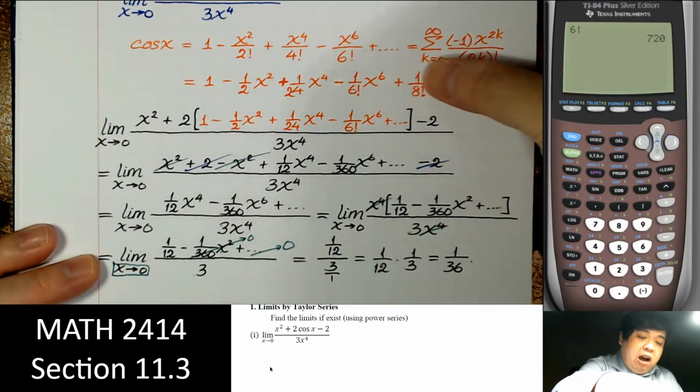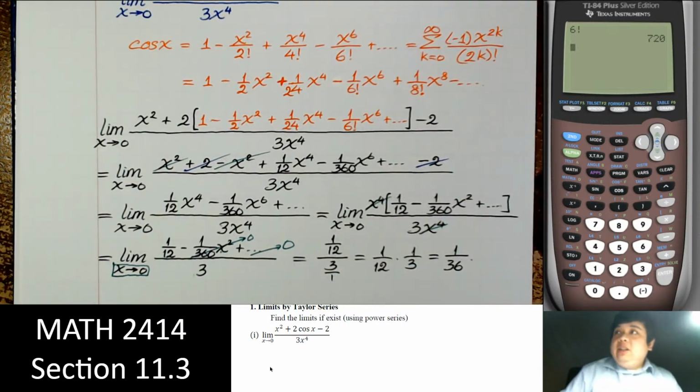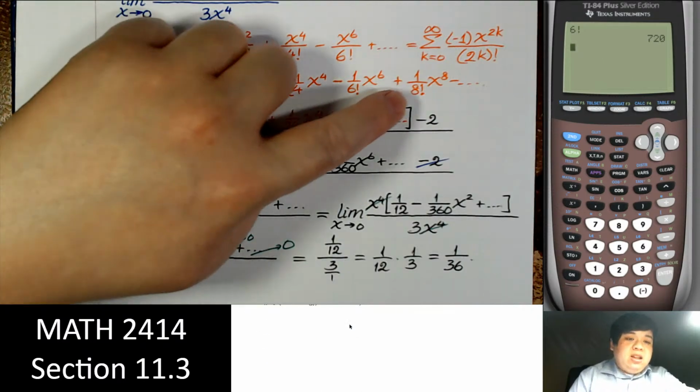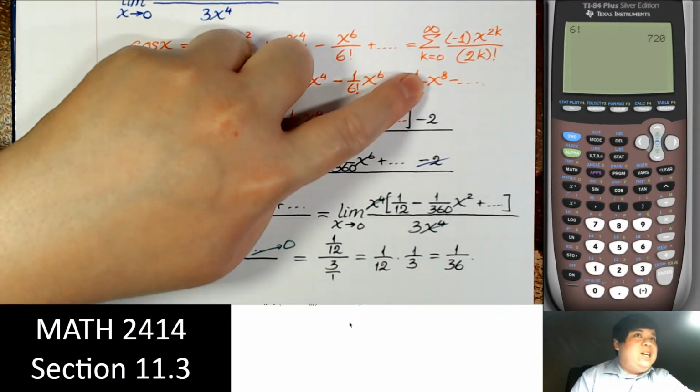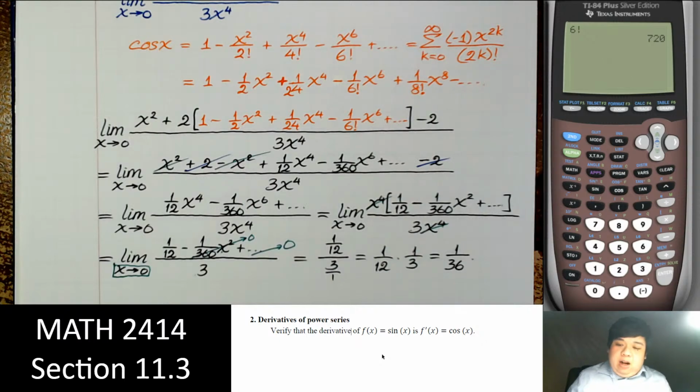Sometimes we cut off at some certain point, and then we can evaluate. The nice thing about this is the power series, the power of x. If we have to integrate, a power is the easiest thing, right? Now, derivative of power series.